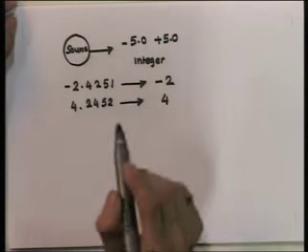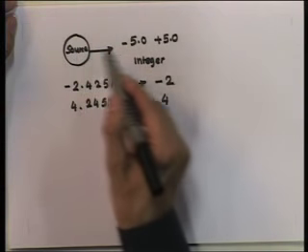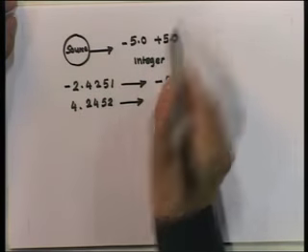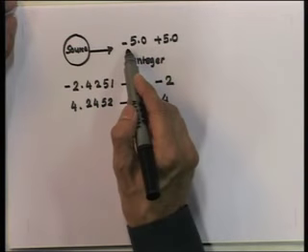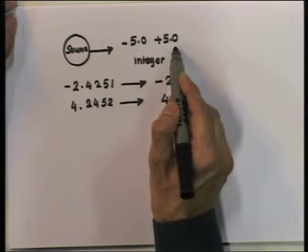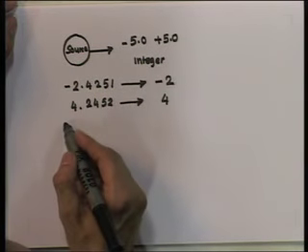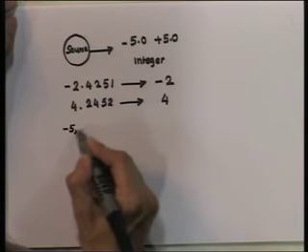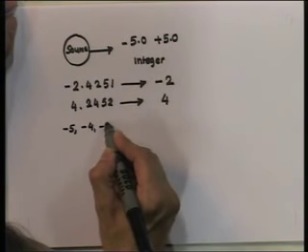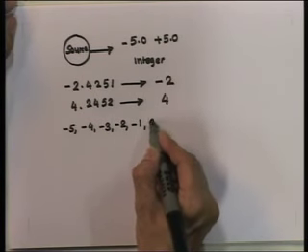This approach reduces the size of the alphabet required to represent the source output. The infinite number of values between minus 5 and plus 5 are represented with a set that contains only 11 values: minus 5, minus 4, minus 3, minus 2, minus 1.